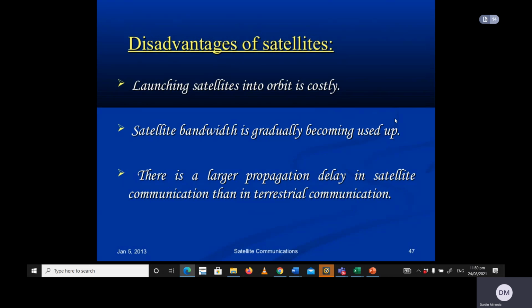Disadvantage, launching satellite is costly. Kapag tumatagal, congested na rin.